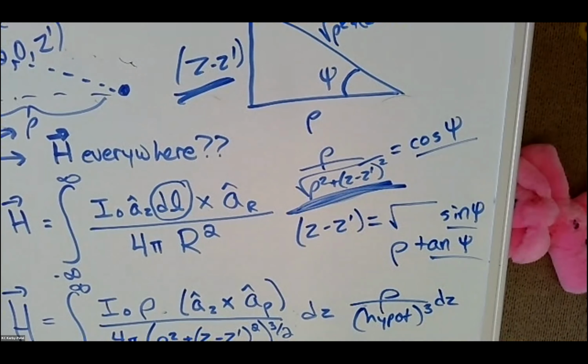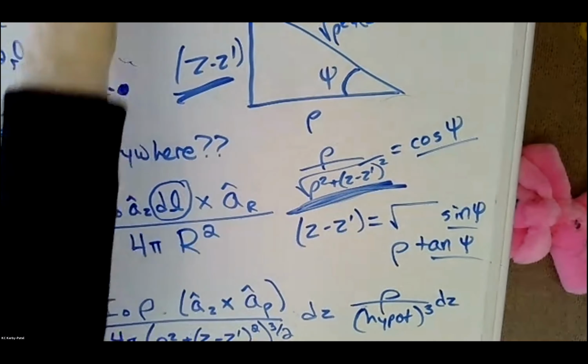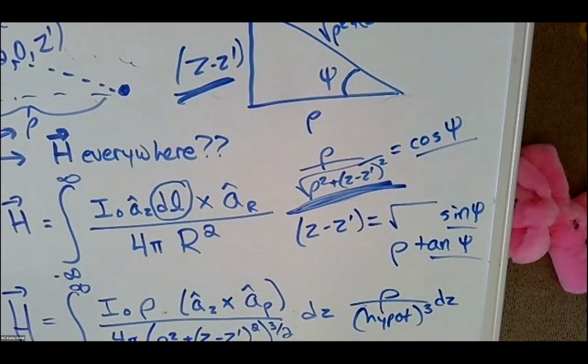Give me a second. I didn't actually mark the page where I looked up the value of this integral, but I do know what the result is. A quick question, Professor, for that square root, are the sine psi and rho tan psi supposed to be over each other or multiplied?